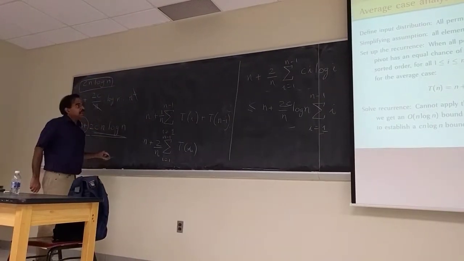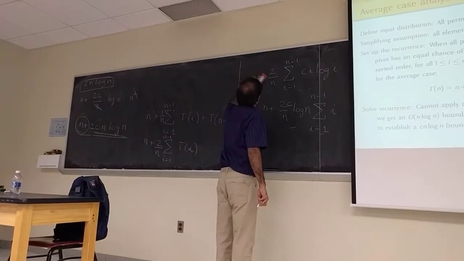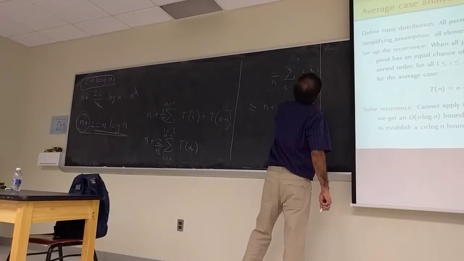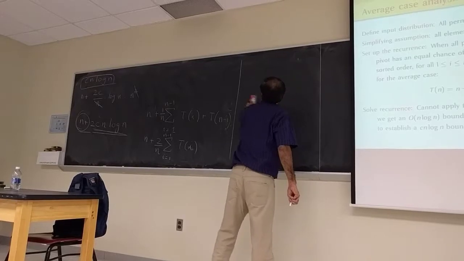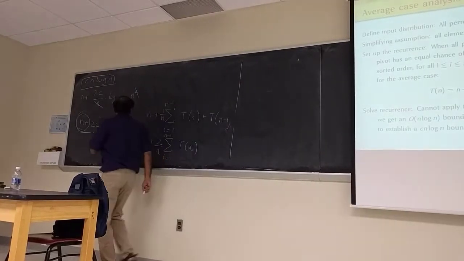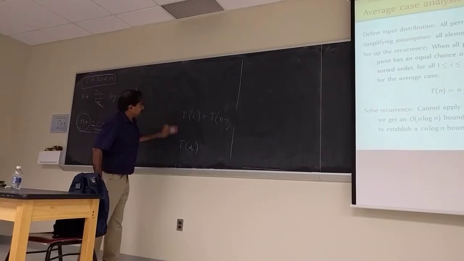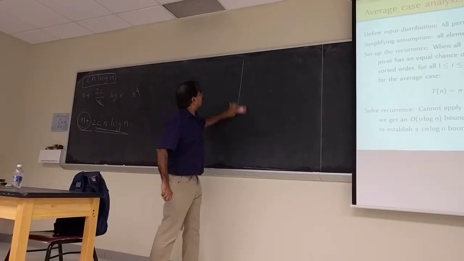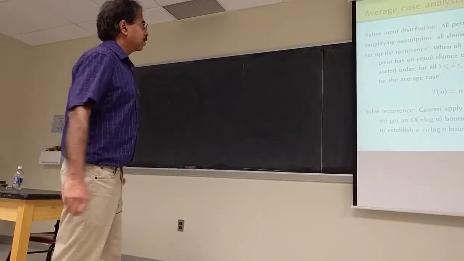We can do various things, but I'm going to tell you one nice trick which uses integration. Because when you do an integral in calculus, you know that an integral is simply doing a summation, right?